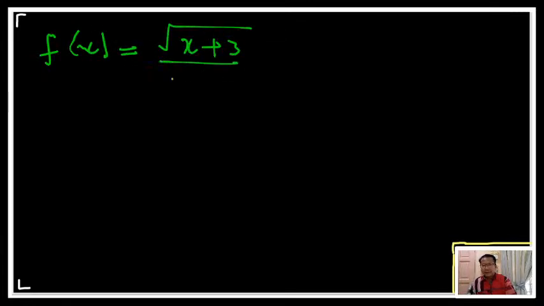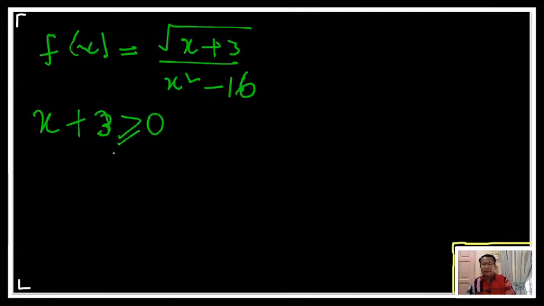Okay, another example. f(x) is equal to square root of (x plus 3) over (x square minus 16). Numerator x plus 3 greater than or equal to 0.